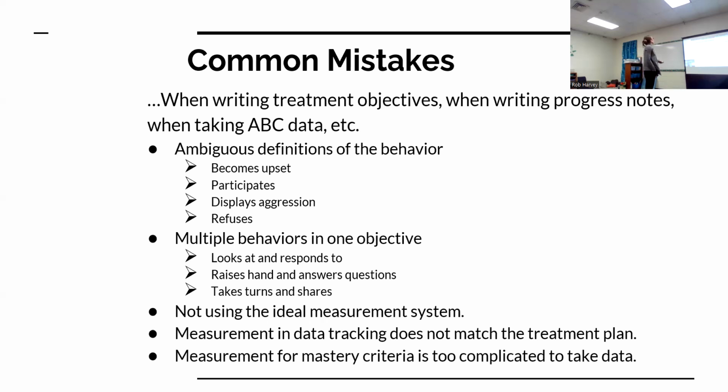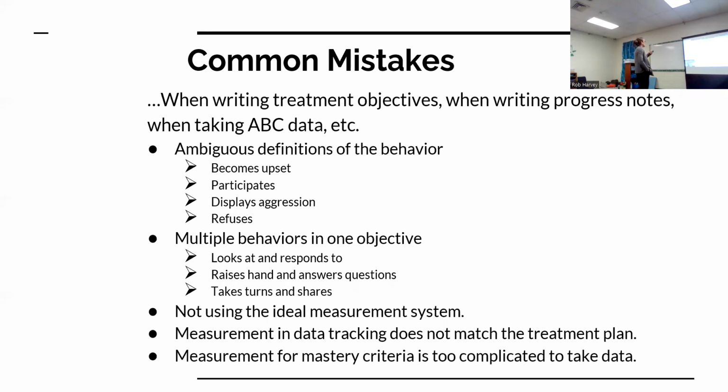So some common mistakes that come up when we're looking at behaviors in treatment plans or on data sheets is we have ambiguous definitions of the behavior. So the behavior is just not defined well enough so that each and every staff has a clear understanding of what to count.